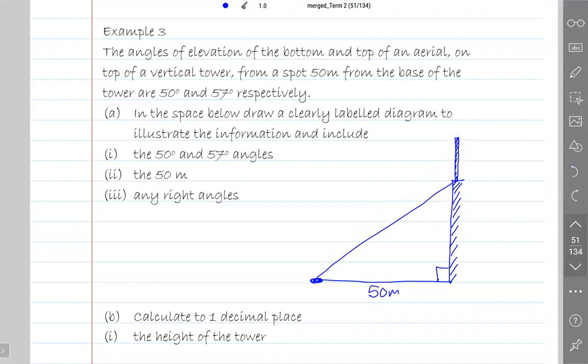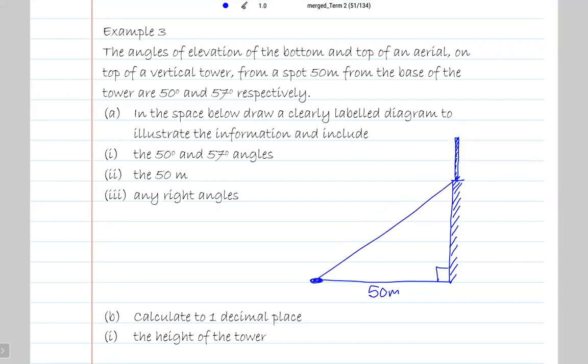Let me try and see if I can get better lines. That's a little better. That's my line of sight. Now, the angles of elevation of the bottom and the top are 50 and 57 degrees respectively. Remember, down here is the horizontal.